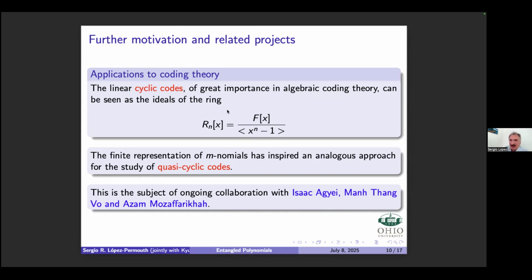So we started looking at analogous things with quotients of the rings of m-nomials, and we got something that they call quasi-cyclic codes. Quasi-cyclic codes are very important to coding theorists, and there is not a satisfactory unified theory. Well, we don't have a unified theory, but we have a very mechanical way in which you can produce these things, and that is interesting.